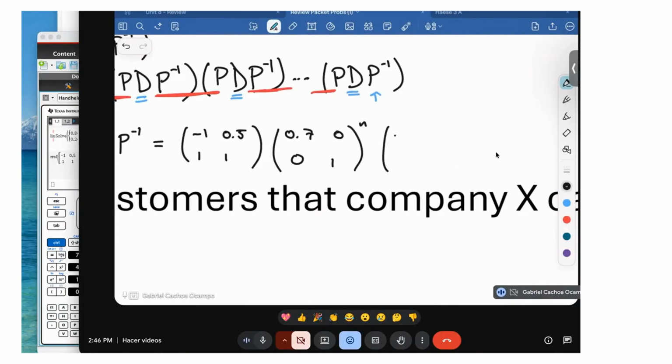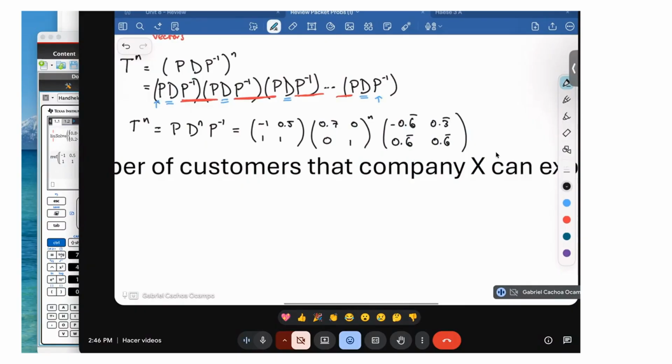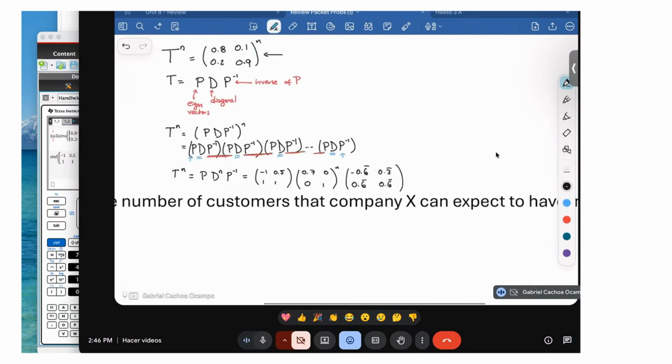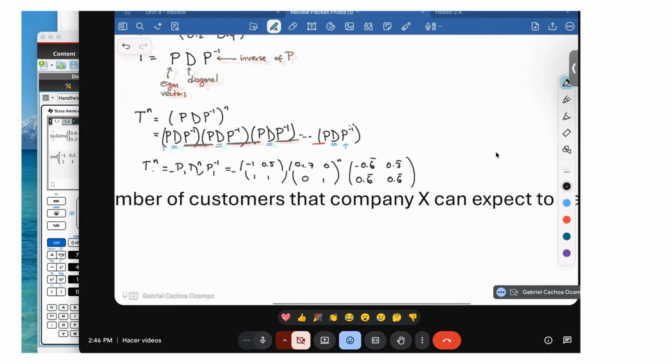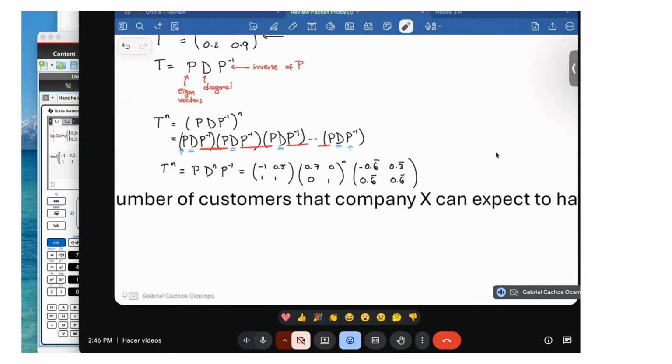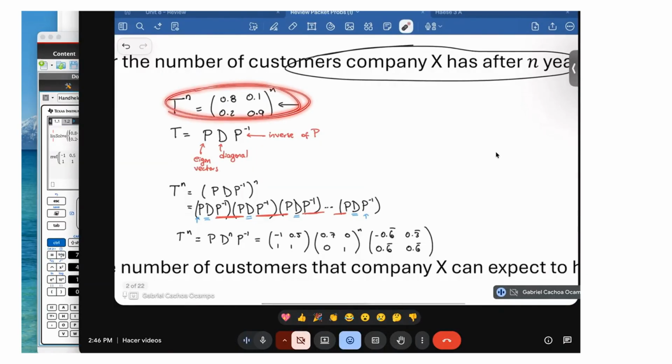And this other matrix, negative 0.6, 0.6, 0.3, 0.6. Now, this multiplication, you can be asking me, hey, Mr. Quechua, I feel that this is too complicated, if I am just trying to find this.